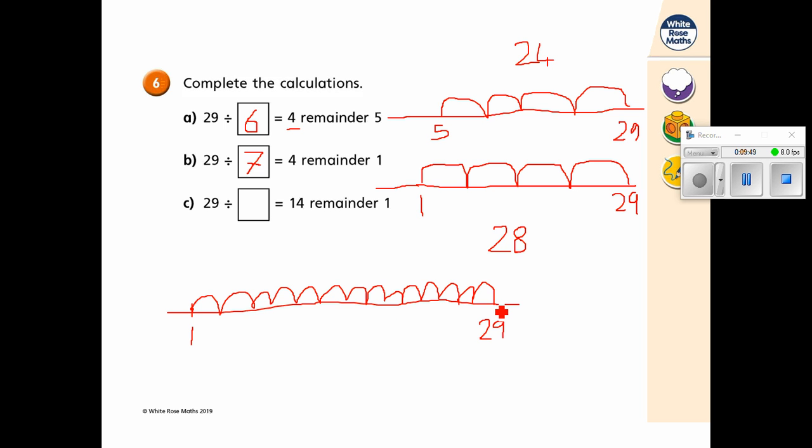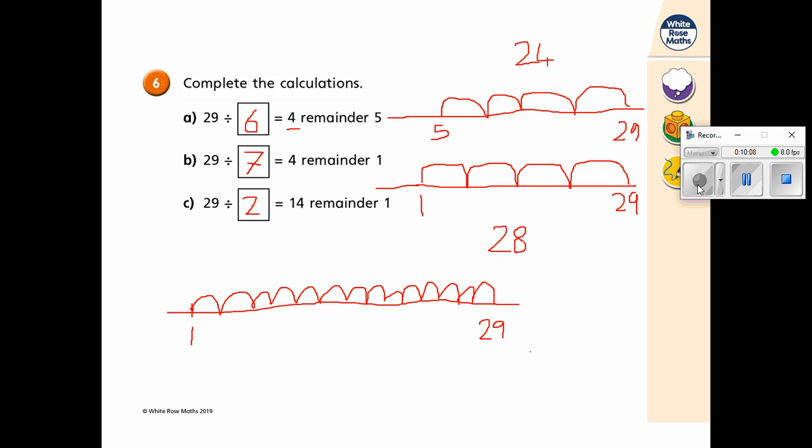So it's gone from 29 to 1, which is 28 steps in 14 jumps. So therefore each jump must be 2. So 29 divided by 2 is 14, remainder 1.